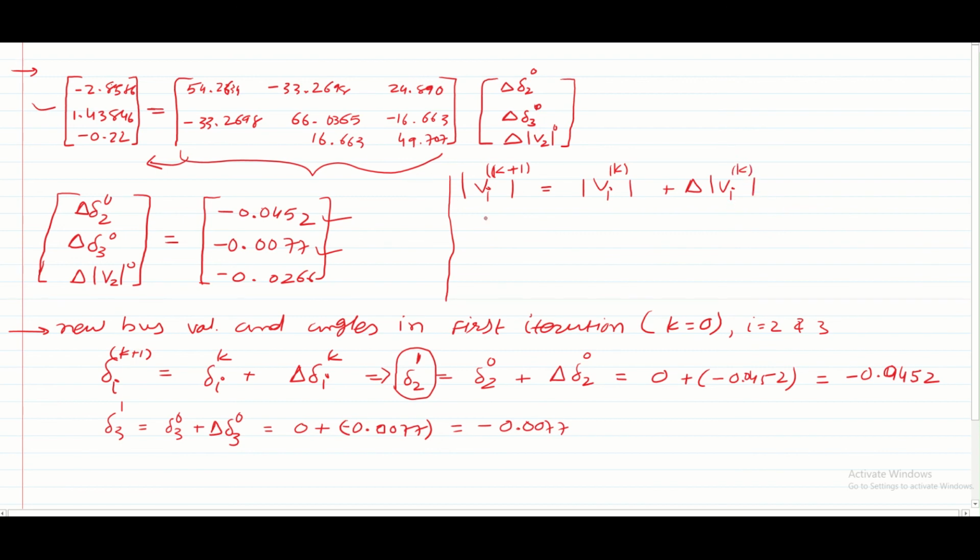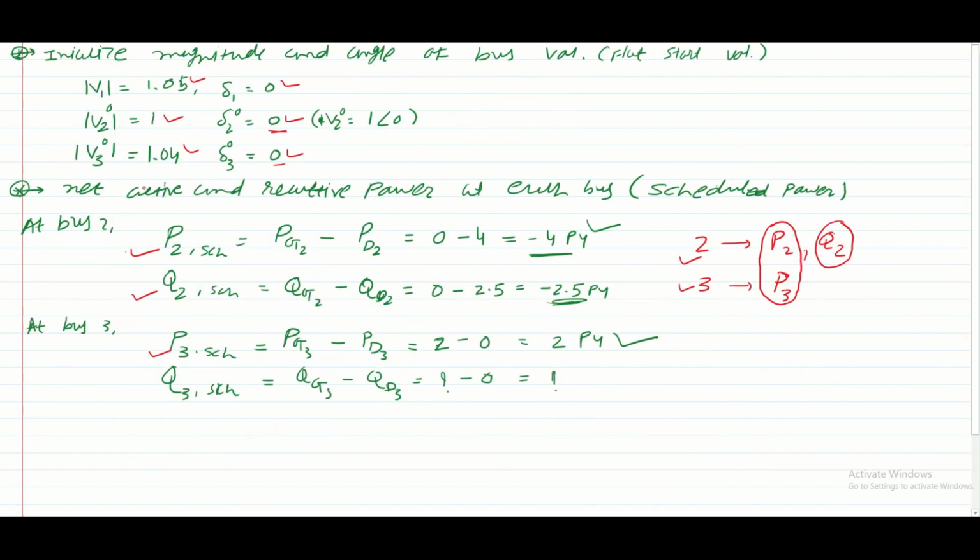Clear? So just substitute i is equal to 2, because we need to calculate only the voltage at bus number 2, which we have assumed over here.